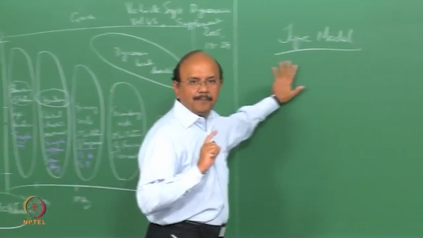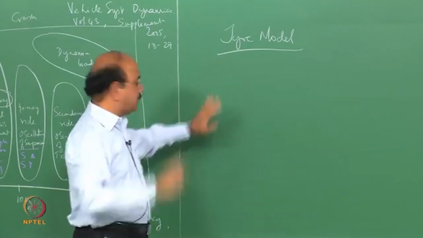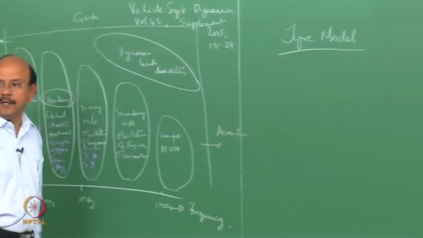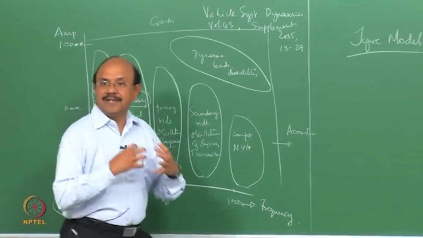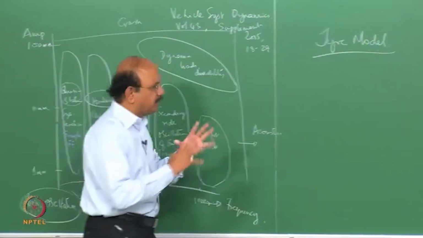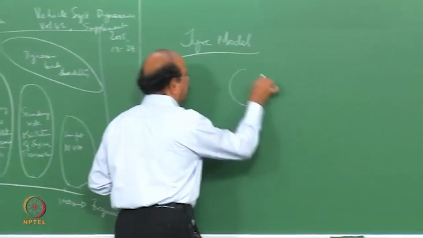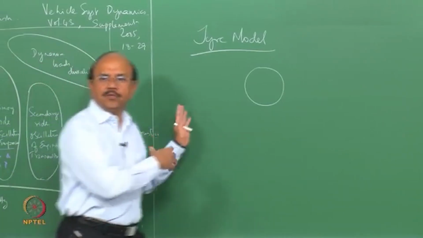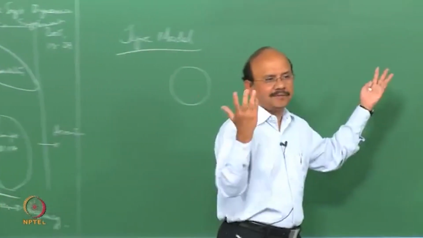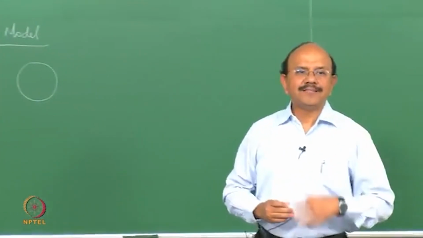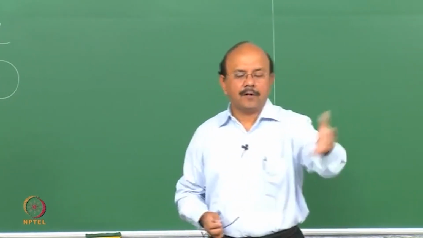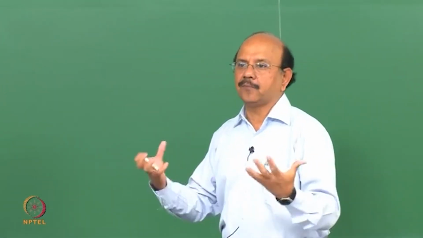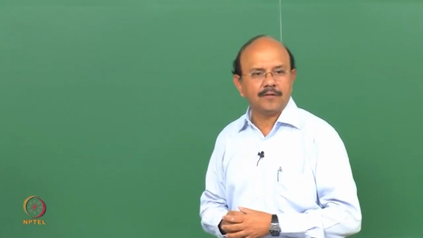To answer this question, since we are looking at acoustics, let's see physically, as has been the practice in this course. I have a tire, and the tire goes over some rough surfaces. In one of the earlier classes we saw that there are belts in the tire.